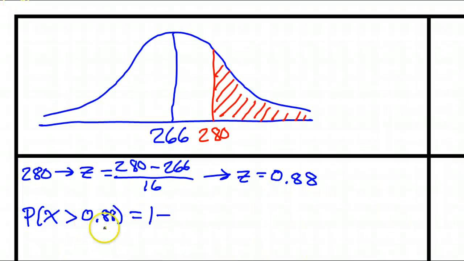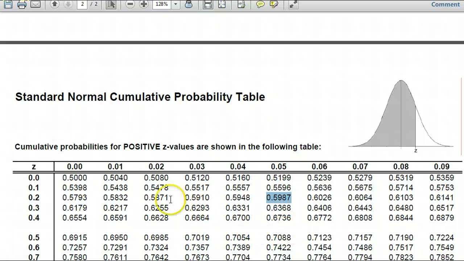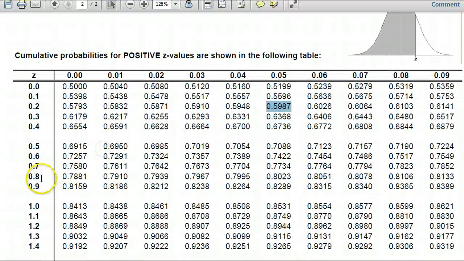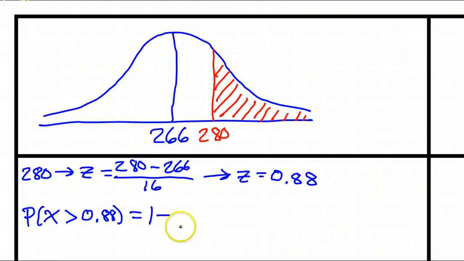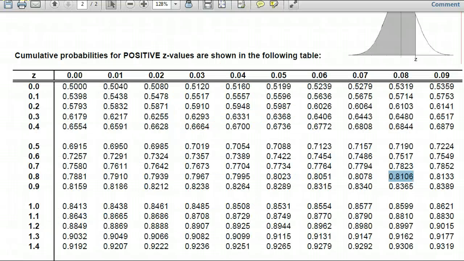So we're looking for 0.88 on the table. Okay, so here is 0.8. So I need to go over to the 8 column for the second 8. So this is 0.88. So this is our number, 0.8106. So I'm doing 1 minus 0.8106. Did I read that right? Yeah.